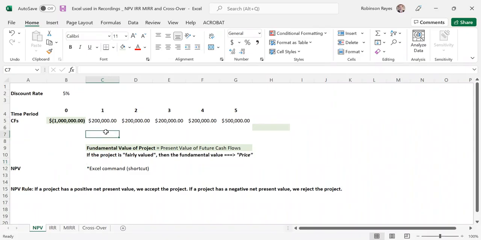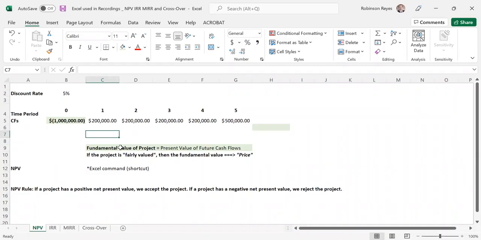The net present value, we can get it in a couple of steps. The first step is we will calculate the present value of the future cash flows. And then here, we will compare it with the initial investment, which we can consider as the price you're paying to buy a project.